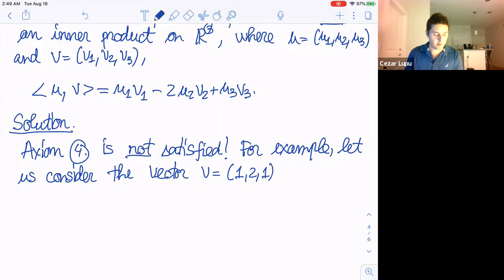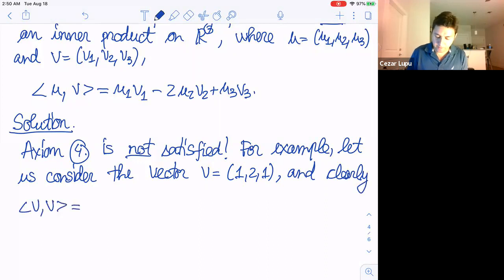Now we would like to see, clearly, the dot product between V and V. Well, this is nothing else than V1 squared minus 2 V2 squared plus V3 squared.